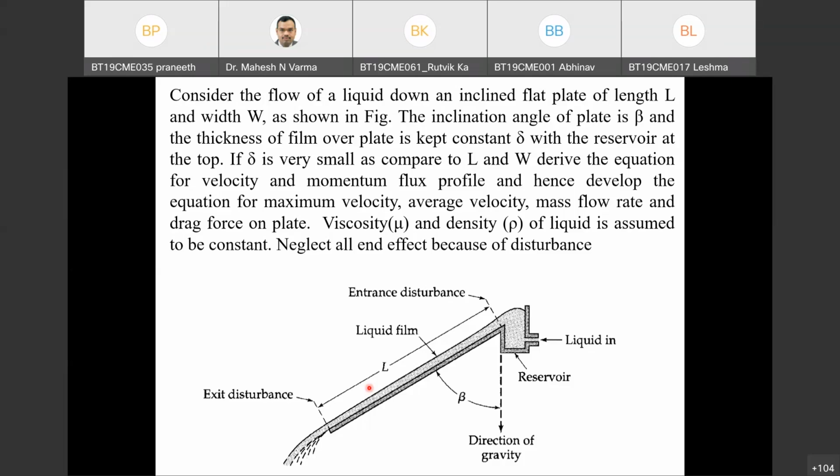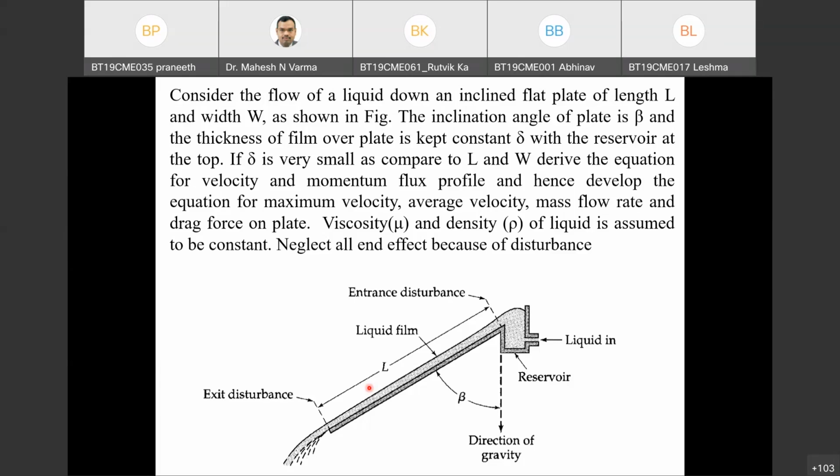So how to use this information? What is the consequence of constant viscosity? If viscosity is constant, then I can use Newton's law of viscosity.